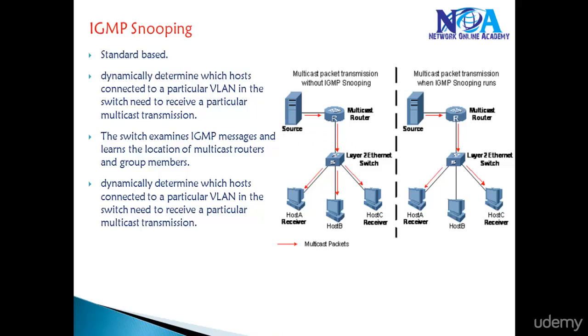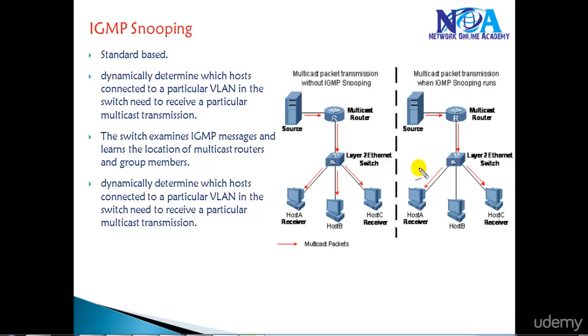It keeps monitoring the IGMP messages going between the PC and the router. This IGMP feature dynamically determines which hosts connected in a particular VLAN want to receive the multicast traffic for a specific group. The switch examines the IGMP messages and learns the location of the multicast router and the group numbers.